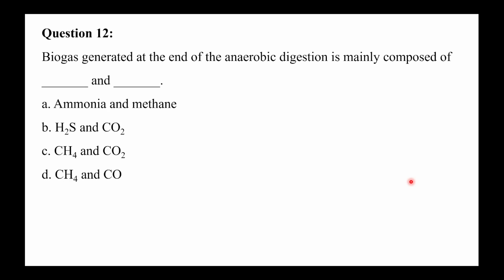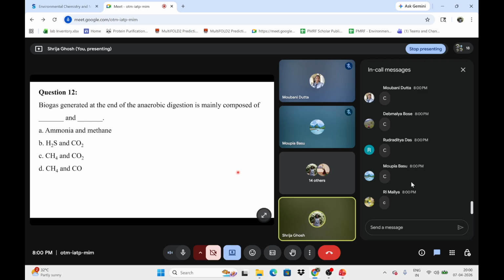Biogas generated at the end of the anaerobic digestion is mainly composed of dash and dash. Ammonia and methane, H2S and CO2, CH4 and CO2, and CH4 and CO. All of you write your answers in the chat box. I can see already 5 answers are there. Anyone else wants to write their answers?